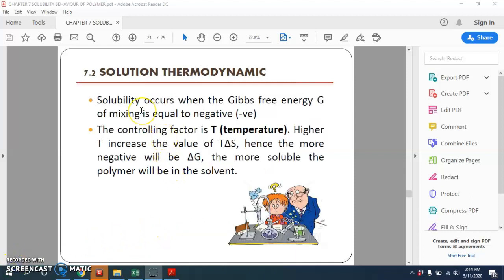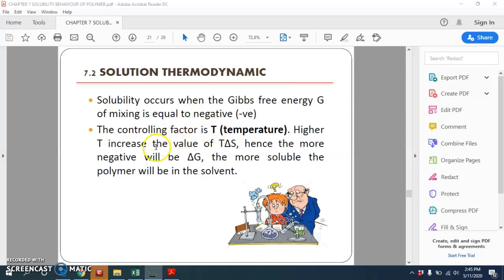So solubility occurs when the Gibbs free energy of mixing is negative. So negative value of the change in Gibbs energy indicates that the solution process occurs spontaneously. So the controlling factor is T, temperature.